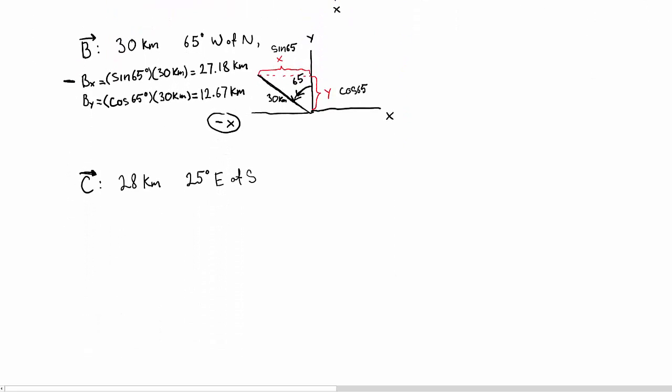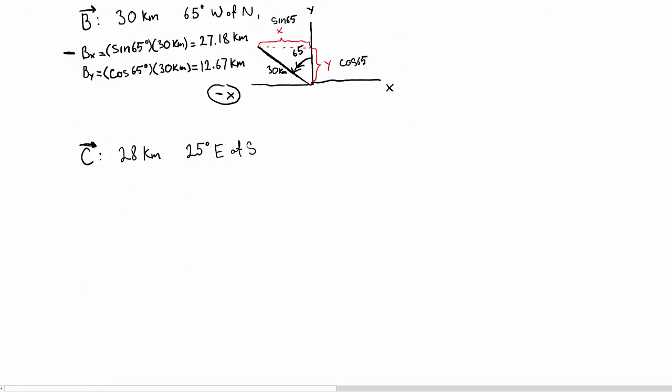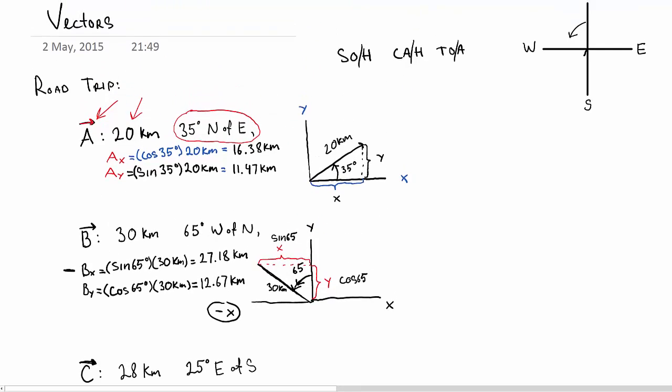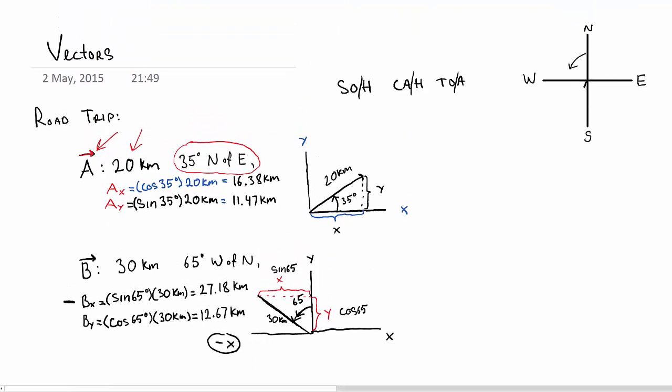Let's do our last one. So we have 28 kilometers east of south. So it's going to go east from south. So it's going this way.